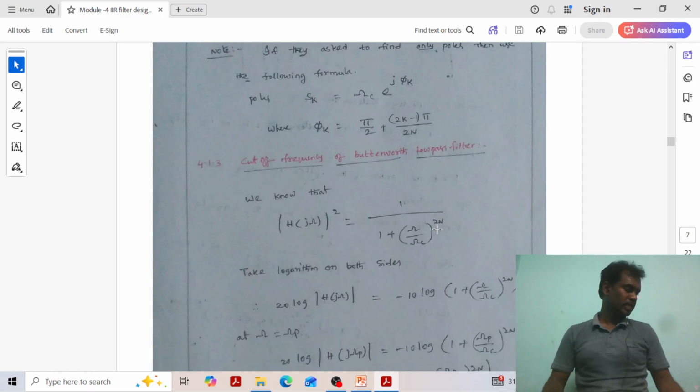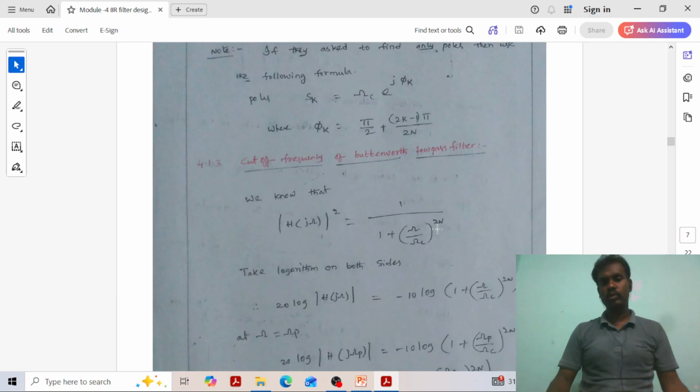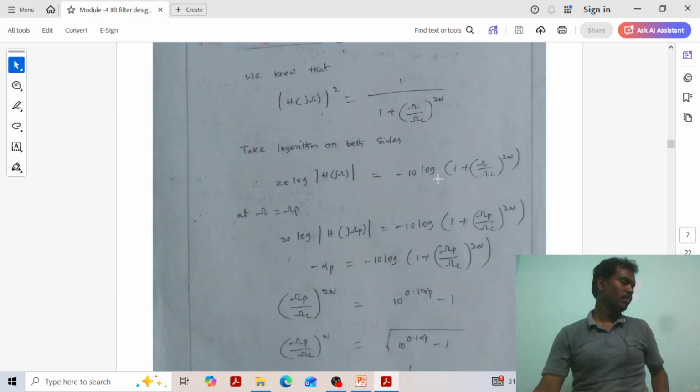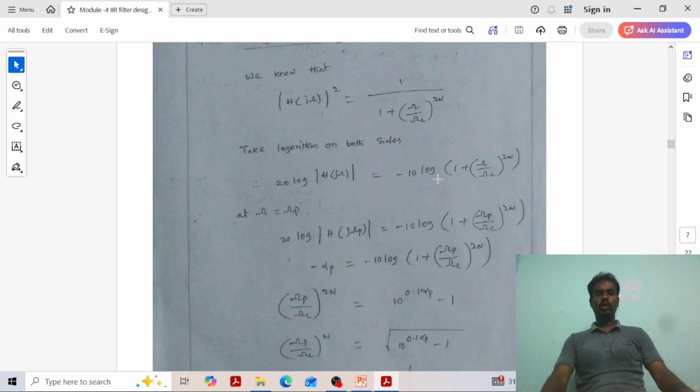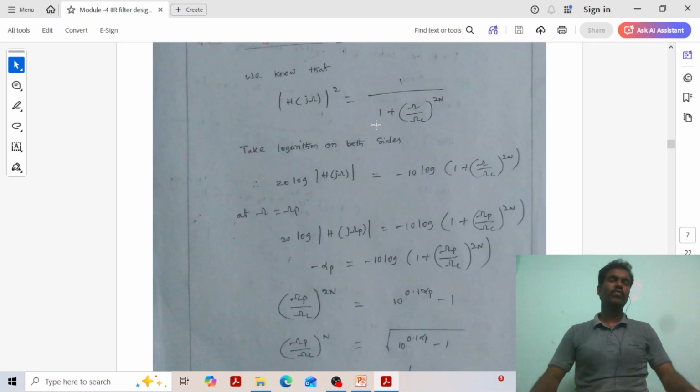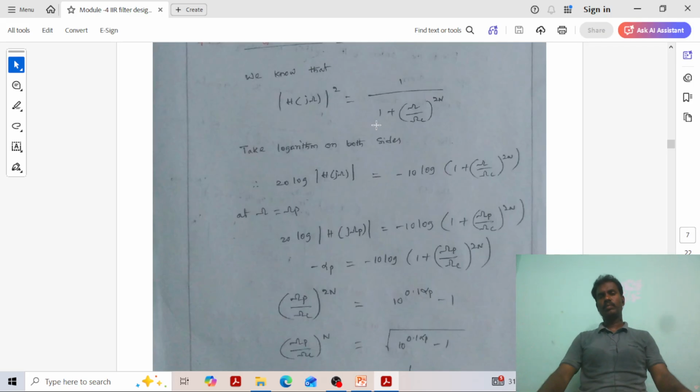In some applications they may ask to find the cutoff frequency. If you don't know the cutoff frequency, we can take 3 dB, but otherwise they will give some other cutoff frequency to design the filter. So we can find the cutoff frequency from the transfer function. As we already discussed, epsilon equal to 1 means omega equal to omega c.